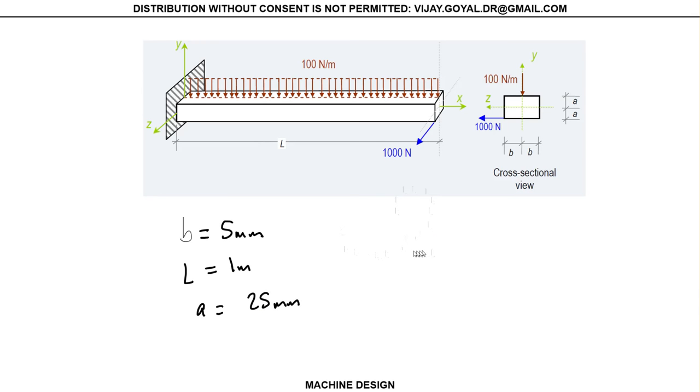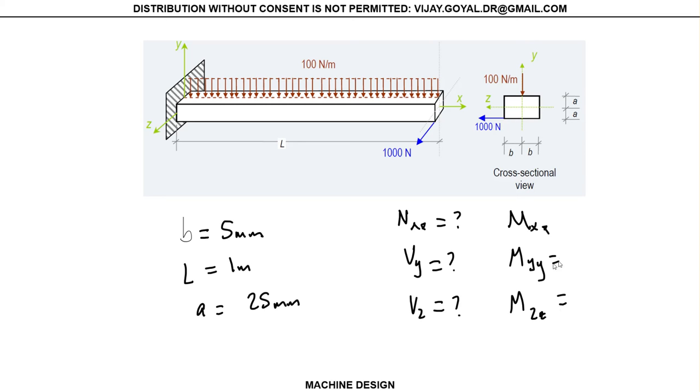All this information is known, and then you can say this is information that we want to find: Vy, Vz. We want to know what the moments are. We want to find all the moments, Myy, Mzz, and you would like to know what the values of those moments are. Okay, so you're basically telling the reader, this is the problem I have in hand.